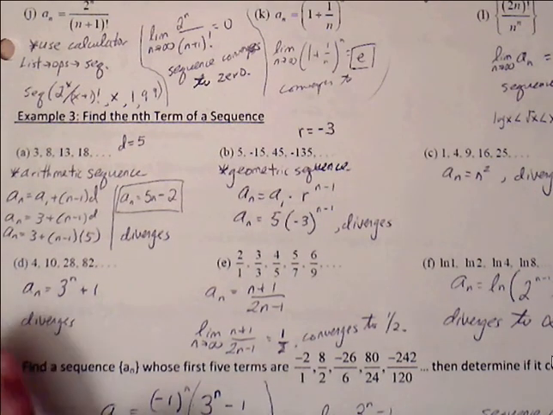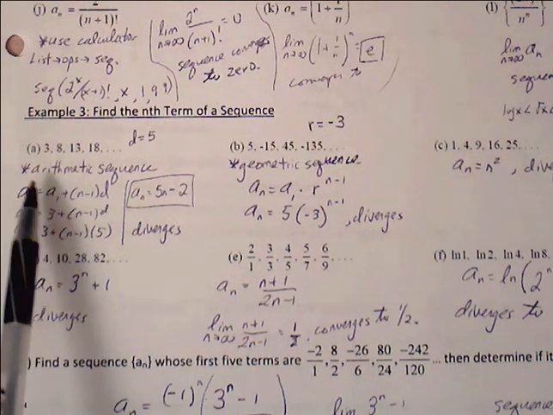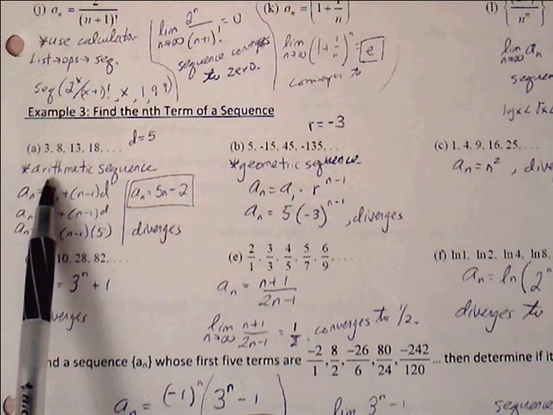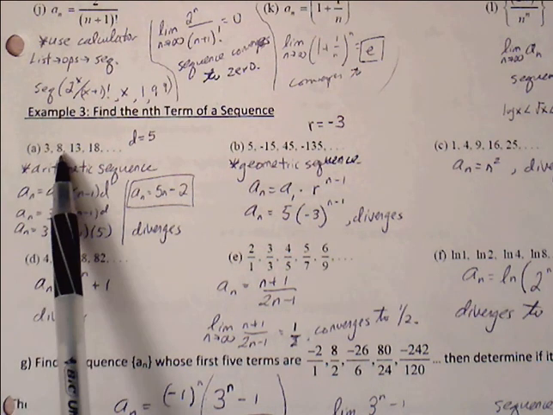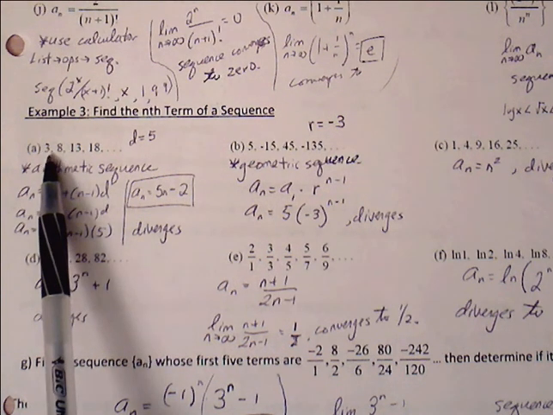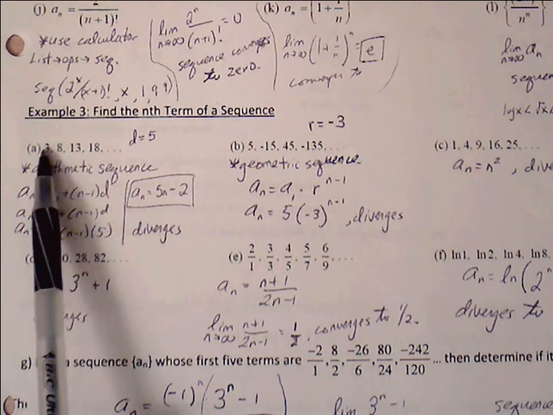All right, finding the nth term of a sequence. What we can do here is we can look at these values and try and determine what type of pattern this is following, and also determine what type of sequence this may be. We see here 3, 8, 13, 18.